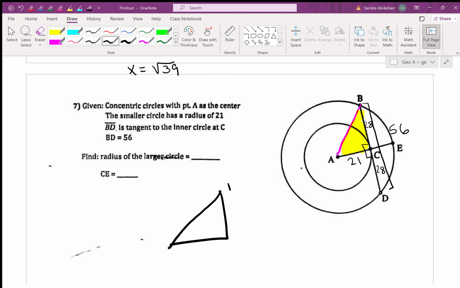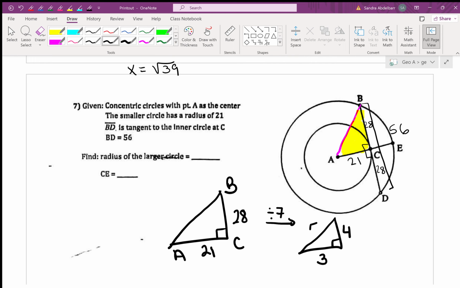We have BCA. We have 21, 28. I'm going to divide this triangle by 7. And when I divide this triangle by 7, don't I get a 3 and a 4? What's the triple? 3, 4, 5. So go multiply back. What am I going to get? 35. That means AB is 35.